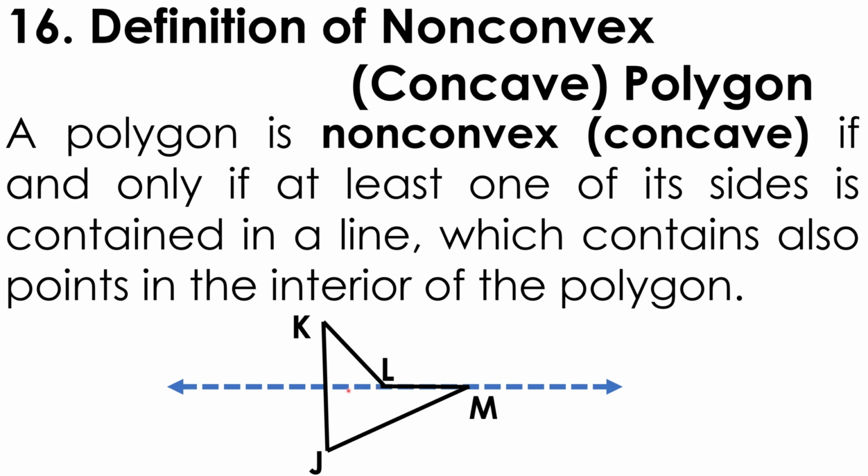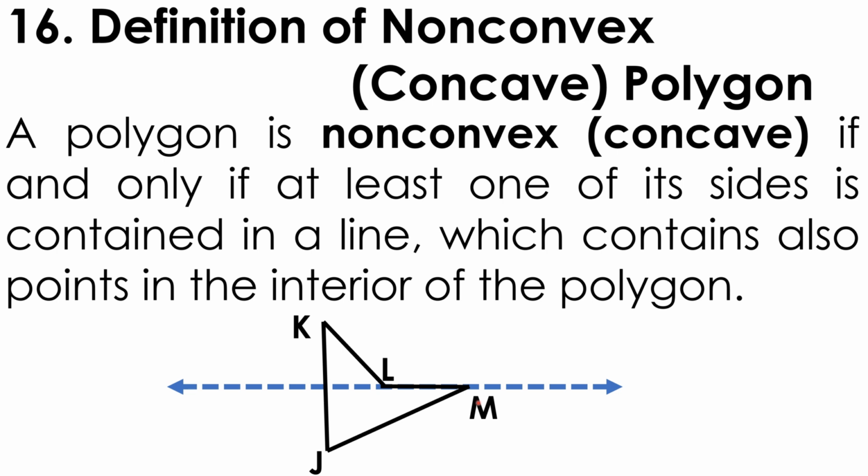As you can see, we have here the broken line, which represents points that pass through the interior of the polygon JKLM. Therefore, this is a concave polygon because there are points that pass through the interior of the polygon JKLM.